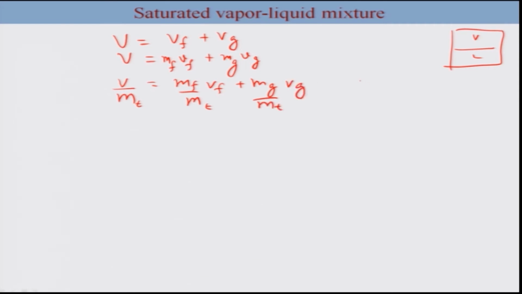Now we have already defined that x is nothing but mg by mt. So this is going to be 1 minus x, because we know that mt is nothing but mf plus mg.